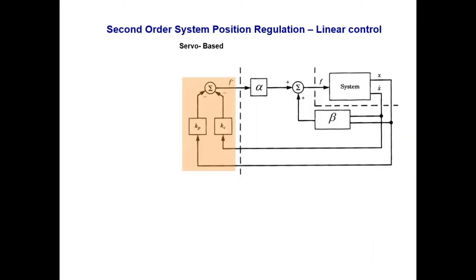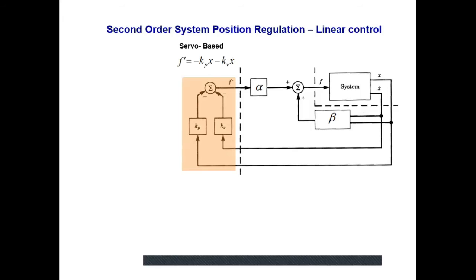The servo portion of the control law uses this expression, that is f dash is equal to minus Kp x minus Kv x dot. And the model-based portion uses the relationship f is equal to alpha f dash plus beta.